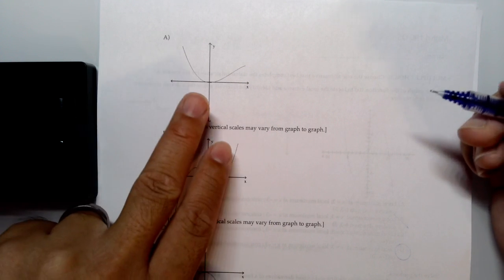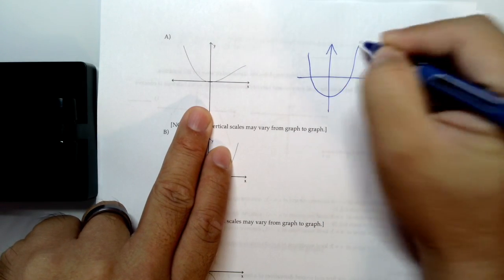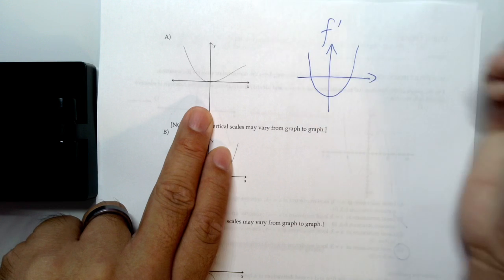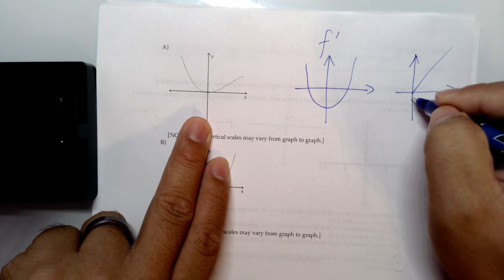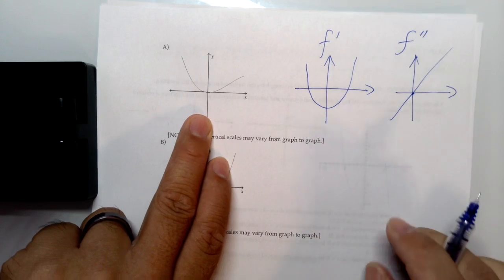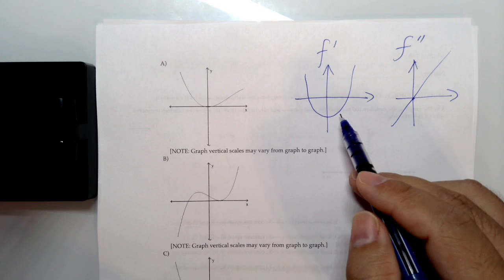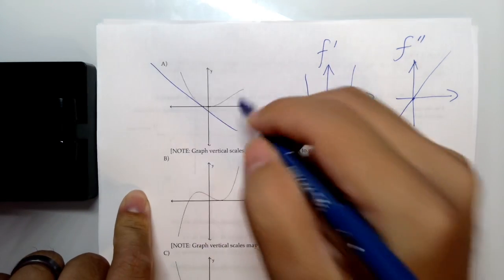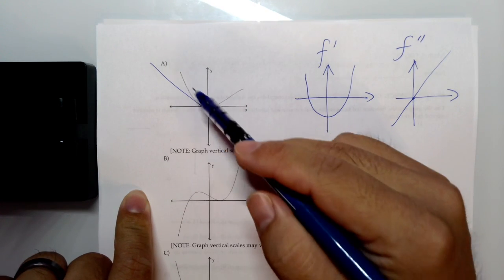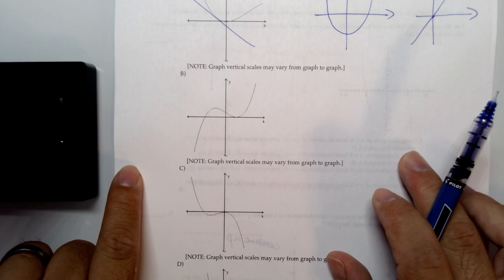Remember, the first derivative is something like this, so it should be increasing, decreasing, and then increasing. Part A cannot be true because it's only decreasing and increasing. So that's definitely wrong.